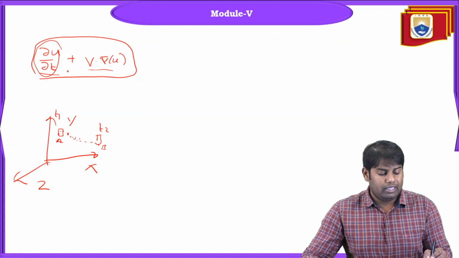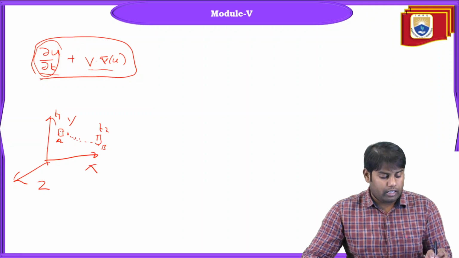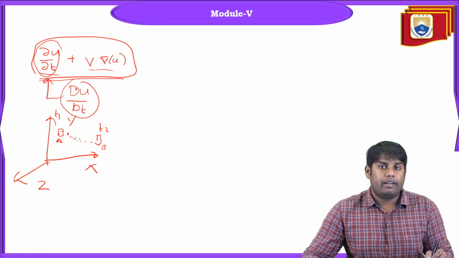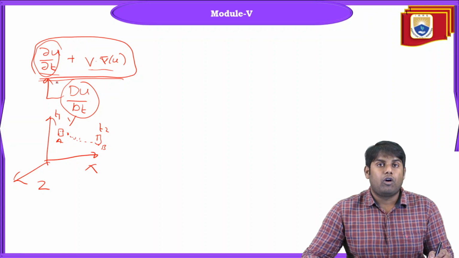So this is basically giving information about the total acceleration of the fluid particle, which we can write as D u by D t. We can call this the material derivative, the total derivative, or the substantial derivative, which is the combination of the local derivative plus the convective derivative.